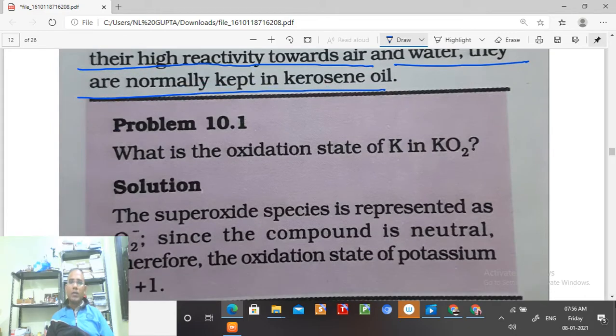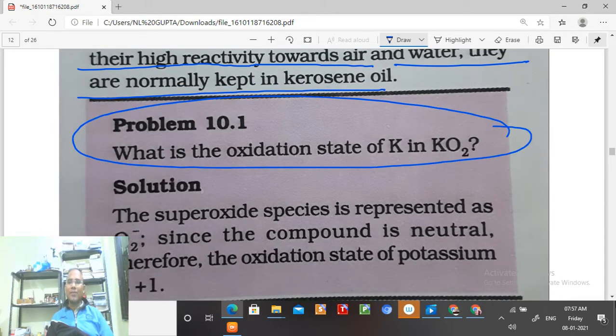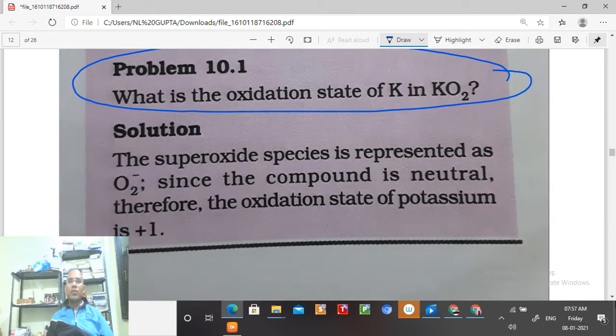What is the oxidation state of K in KO2? Dear student, let me know. Consider K as X. This is the superoxide, student.